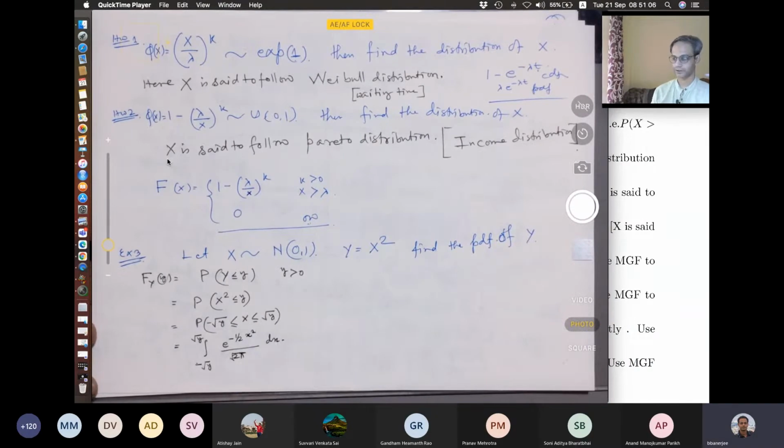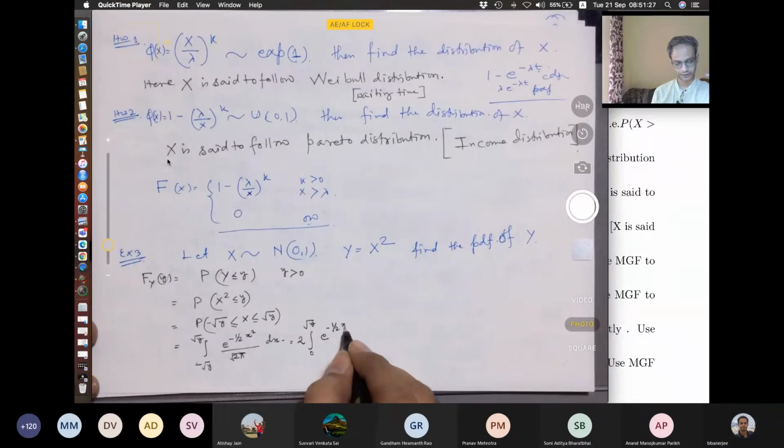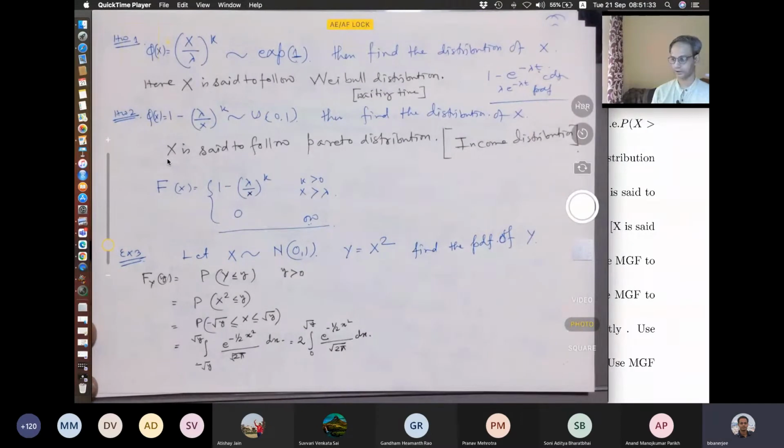But here we have an advantage that this function is an even function. Integrand is an even function. So this will become 2 times integral from 0 to root y of e to the power minus half x square by root 2 pi dx. So this is the CDF.